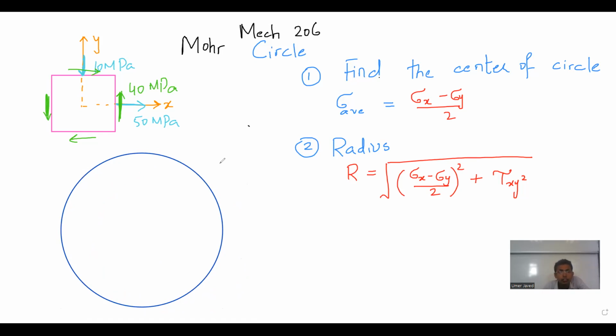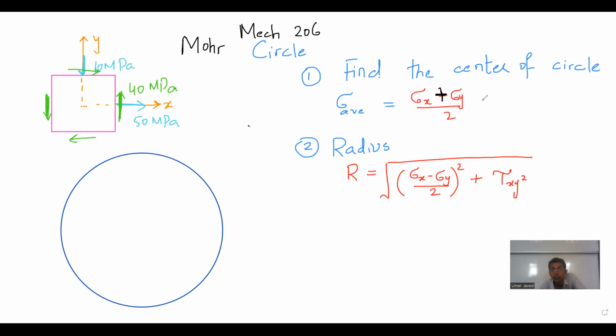Why 30? 50 minus 10, 40 divided by 2. Oh, sorry, it is my mistake. I apologize. The average should be stress X plus stress Y divided by 2, not minus.